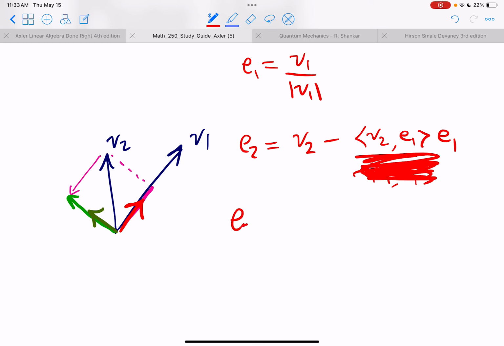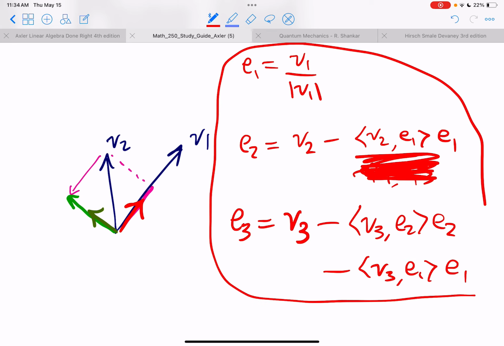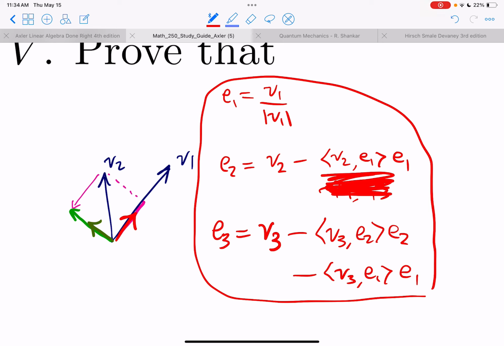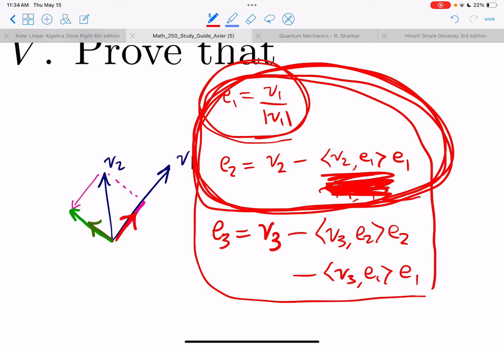And if you have more vectors, you just take the bad vector that wasn't pointing in the right direction, and you subtract off its projection along E2, and you subtract off its projection along E1, all the previous ones, and that's how it goes. Now notice, here we are working within the span of V1, we just rescaled. Here we are working within the span of V1, V2, and we rescaled to get E1, E2.